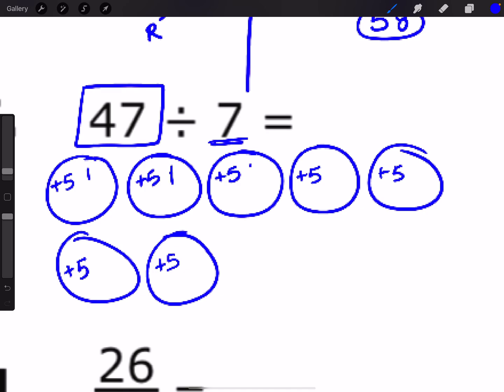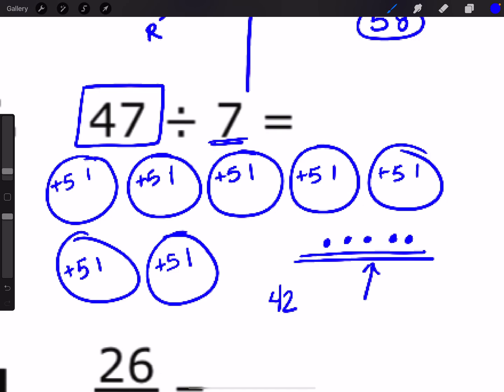So we have 35, 36, 37, 38, 39, 40, 41, 42. So we're at 42. Do you think we can take another 7? We can't. So we're at 42, and we have 43, 44, 45, 46, 47. We have 5 left over.